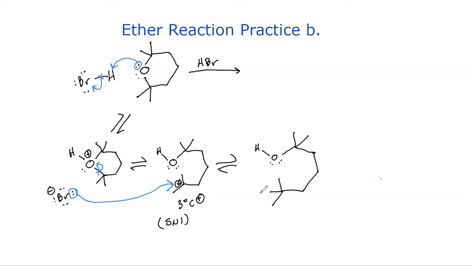Now we have one of our bromines incorporated into our molecule, and we simply need to get the second one in. Now remember, these reactions only happen in the presence of strong or concentrated acids, and so that means that we are to assume that we have enough HBr around to react a second equivalent.